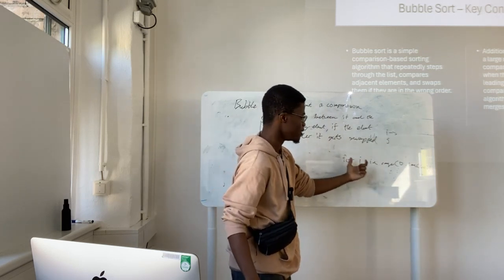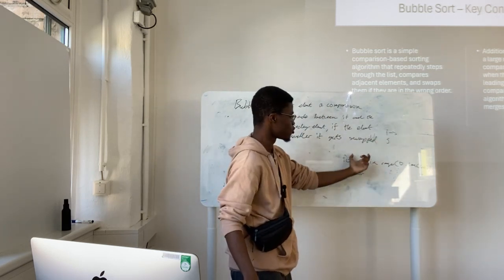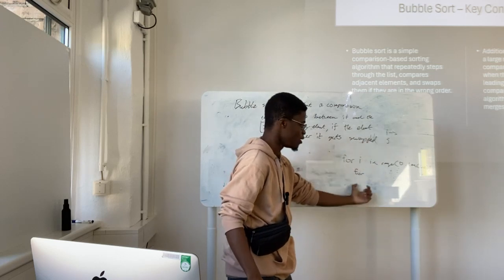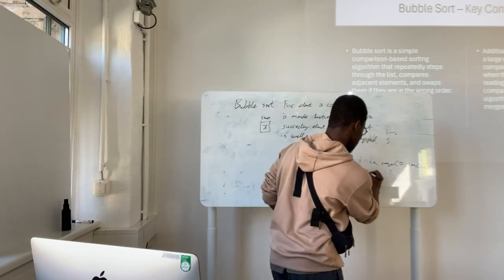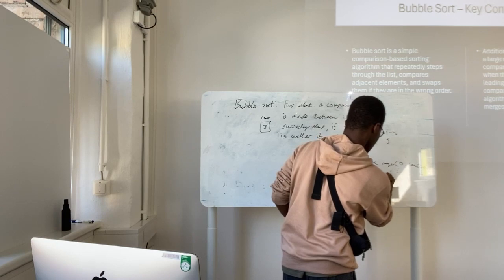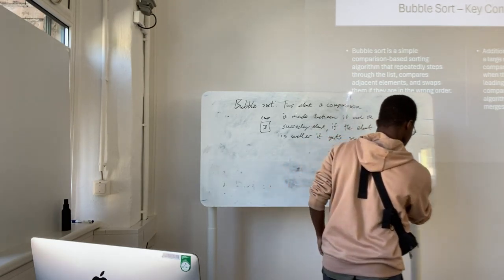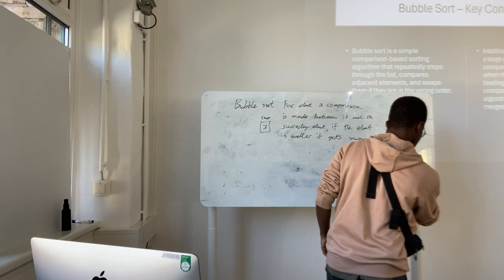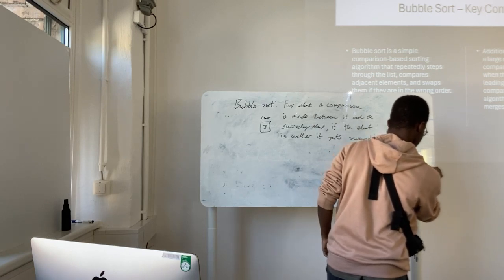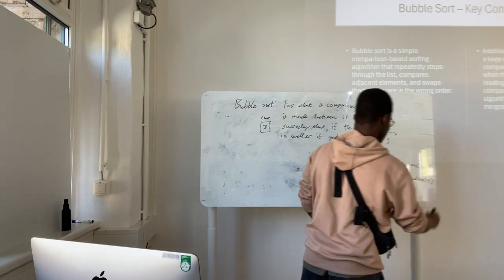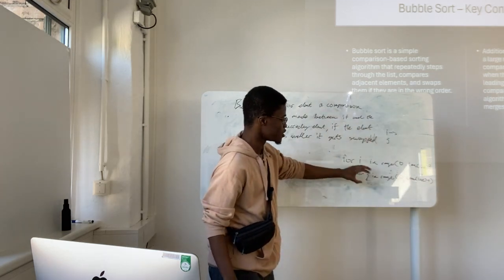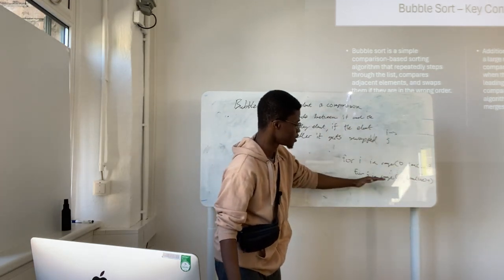So every time this for loop is done, this for loop can iterate once. So for j, we have in range 0 until the length of the list as well. It'd be the length of the list minus 1, because yeah. So we'll have this for loop that goes on every iteration once.